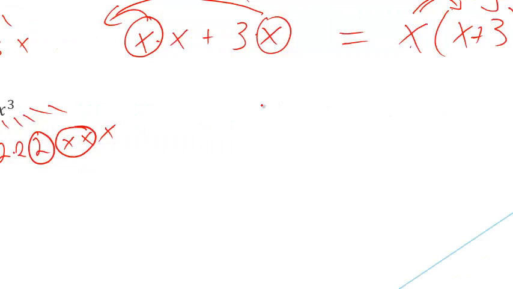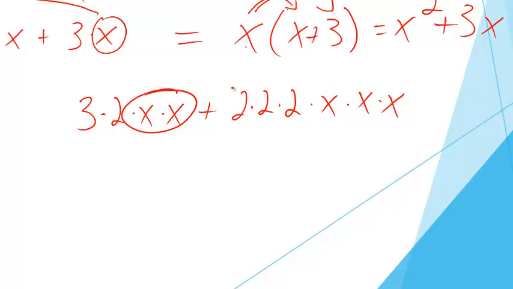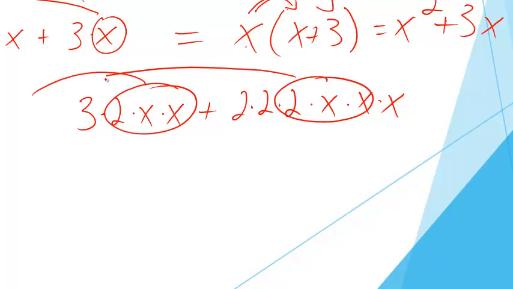So if we do that, we're going to have 3 times 2 times x times x plus 2 times 2 times 2 times x times x times x. We're going to factor out a 2 and 2 x's. So take that out.